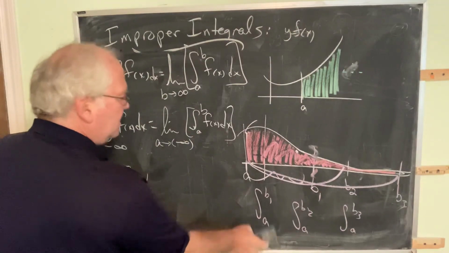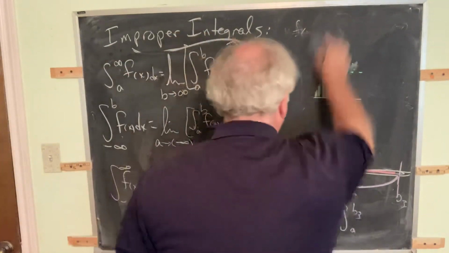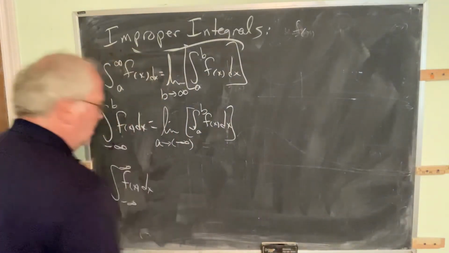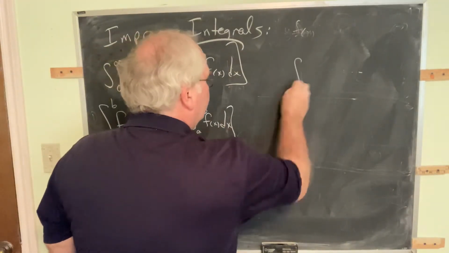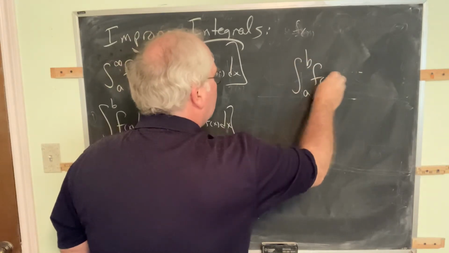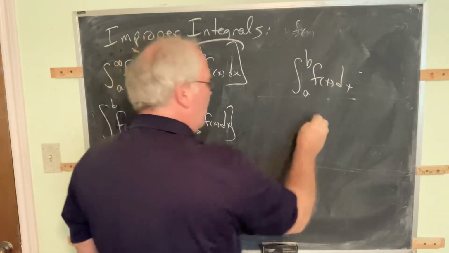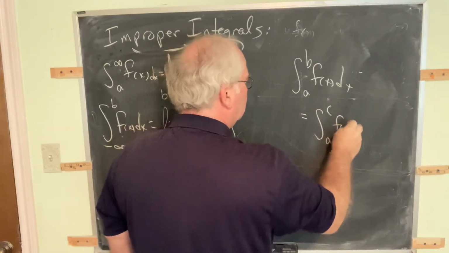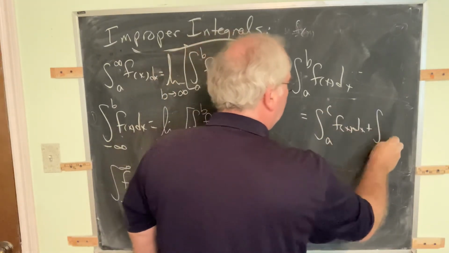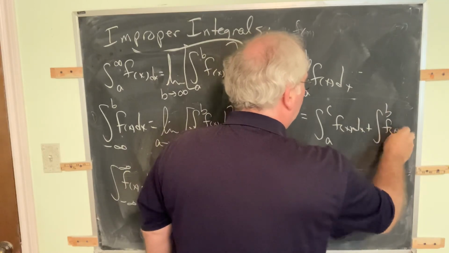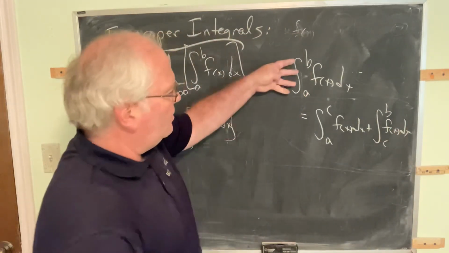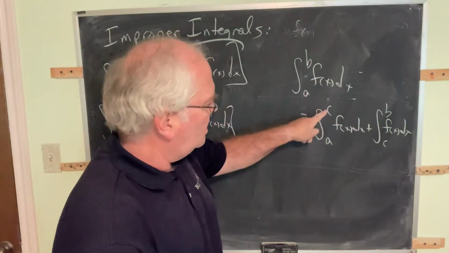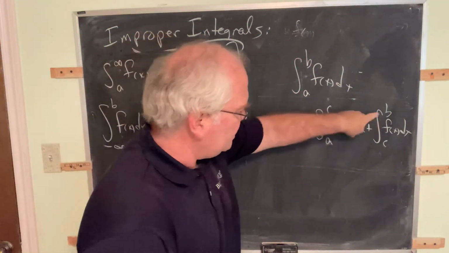And the way you do this is, recall from Calc 1, one of the properties of the integral is that if you have the integral from a to b, you can split this at any convenient value: going from a to c, then from c to b.